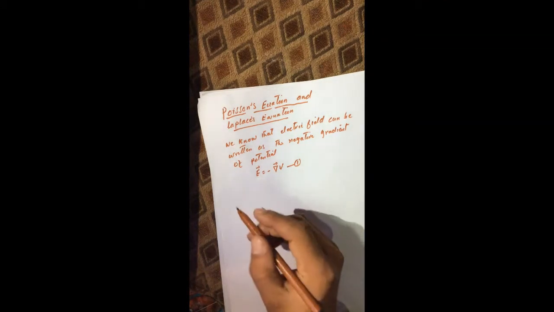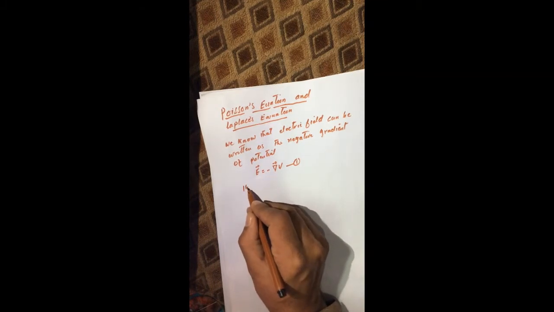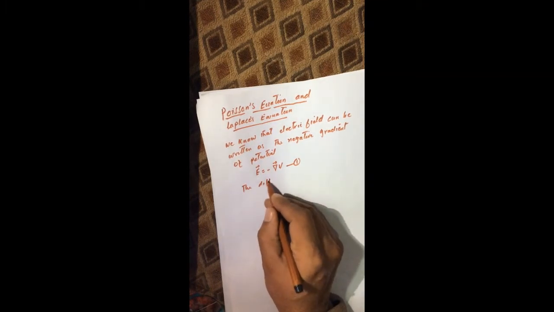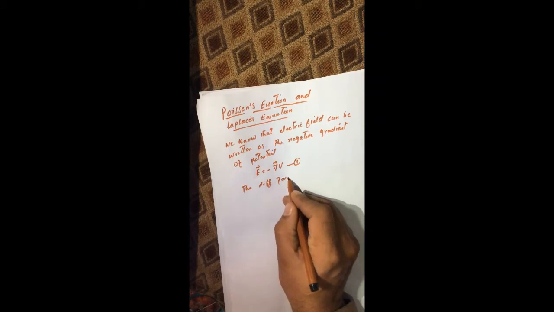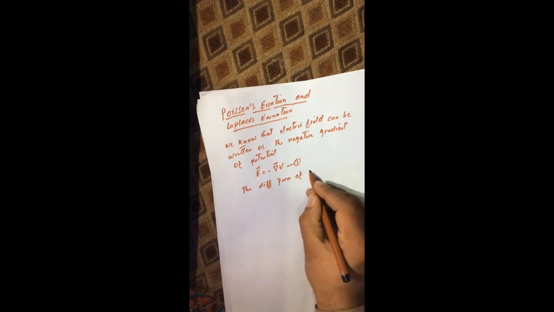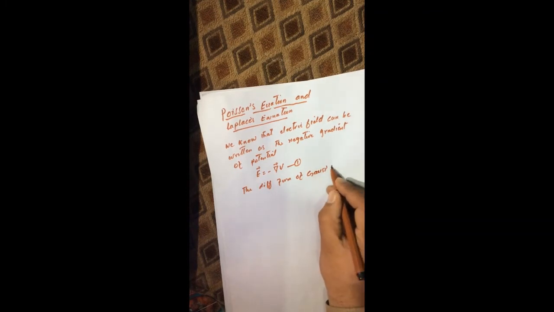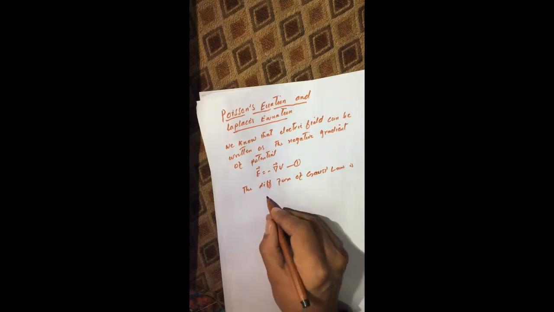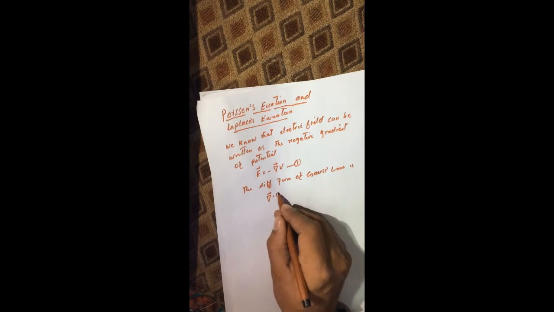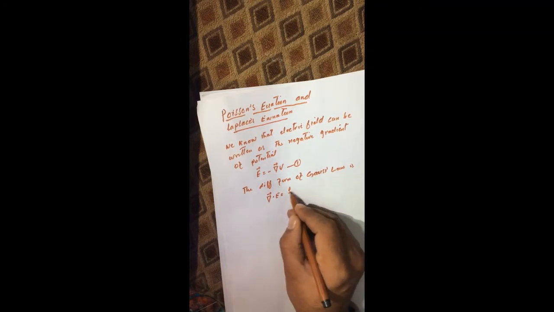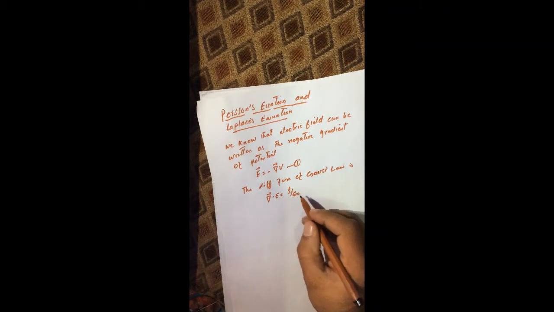And we also know that the differential form of Gauss's law is del dot E is equal to rho over epsilon naught, where rho is the volume charge density and epsilon naught is the permittivity of free space.